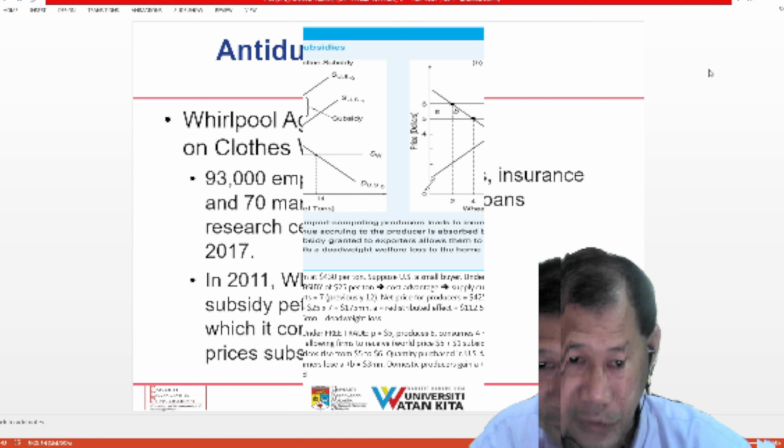So this is an example. Whirlpool agitates for an anti-dumping tariff on clothes washers, with 93,000 employees and 21 billion in annual sales. This is just a story, okay?